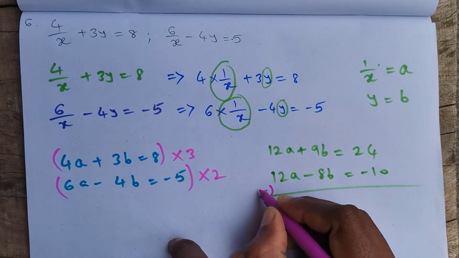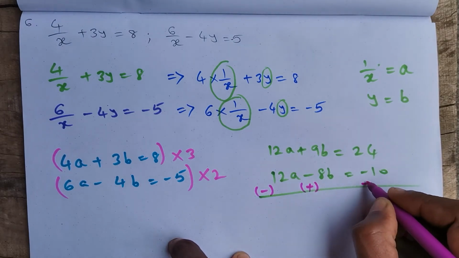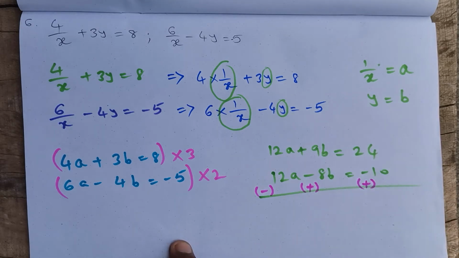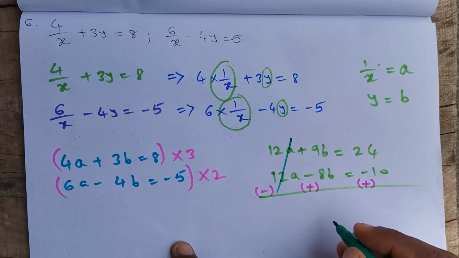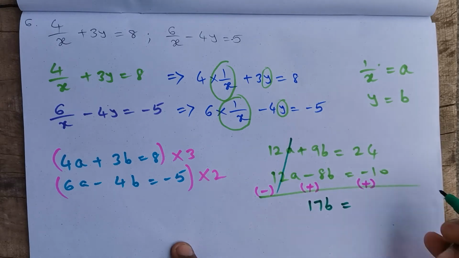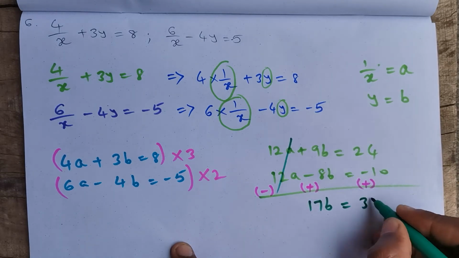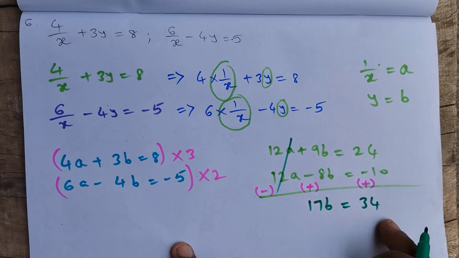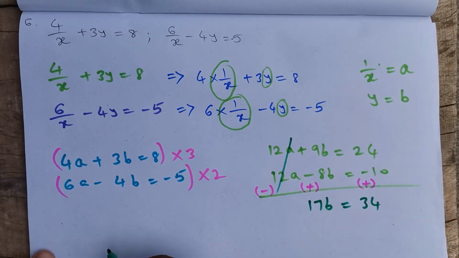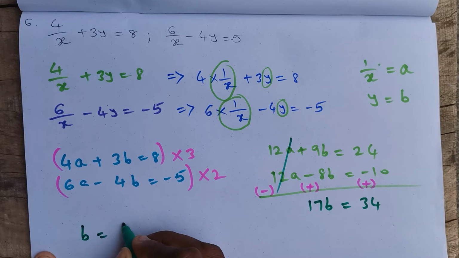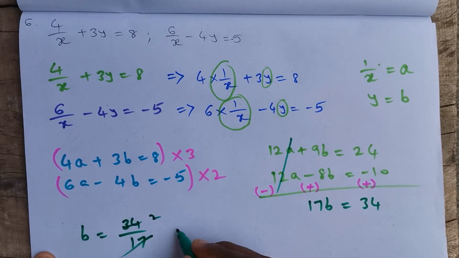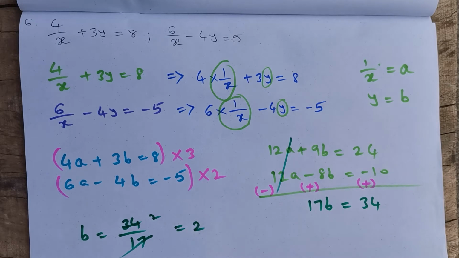So this plus will become minus, here minus will become plus, here minus will become plus. 12a, 12a both will get cancelled. 9b plus 8b, 17b, equals 24 plus 10, 34. Now we want the b value, so I will take 17 to the right side. So b equals 34 divided by 17. 17 ones are 17, 17 twos are 34. So the b value is nothing but 2.